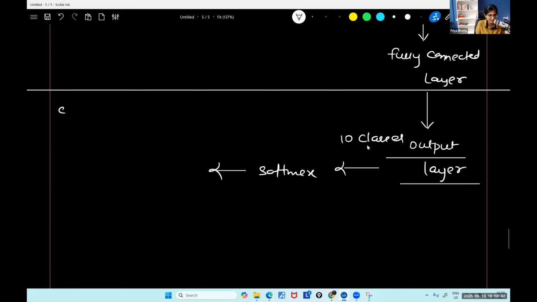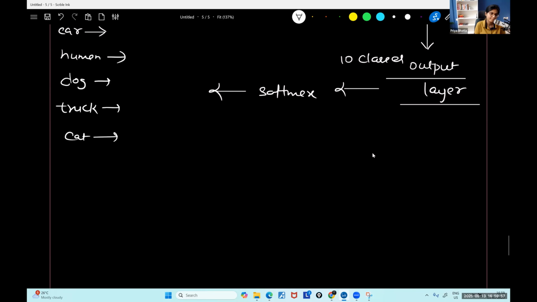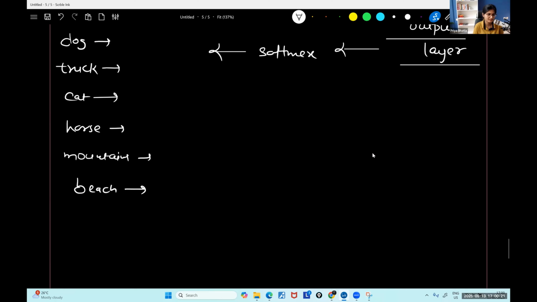So for example, you will have car as one class, human as another class, dog as another class, truck as another class, cat as another class, horse as another class, mountains as another class, whatever objects you can think of, beaches as another class, cycle as another class.